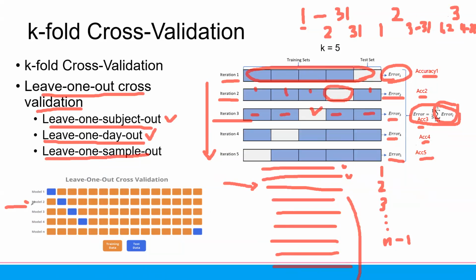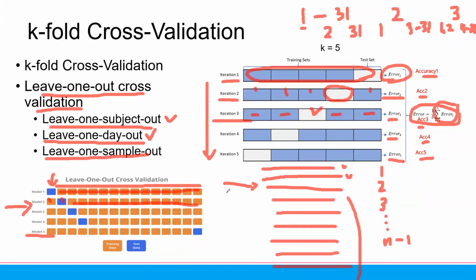I think the graphical model will be something like this. If we have a lot of data like this, the first data will be used for testing, and the remaining will be used for the training. This brown color will be used for training, and this will be used for the testing, until we have the N models.